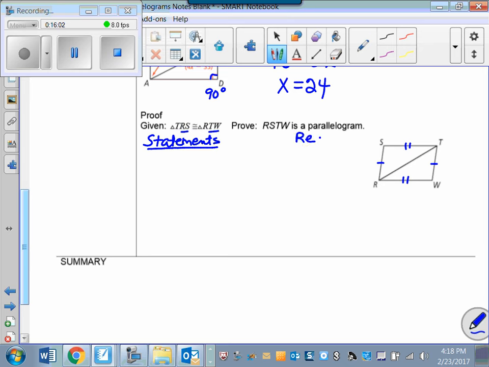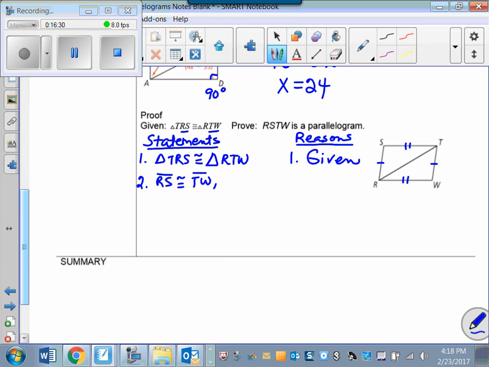Statements. Reasons. Triangle TRS is congruent to triangle RTW. How do I know that? They told me. All right. So now I mark this. I know that RS is congruent to TW.